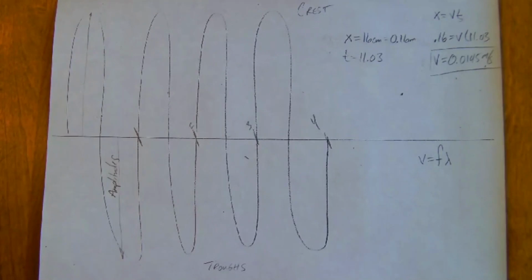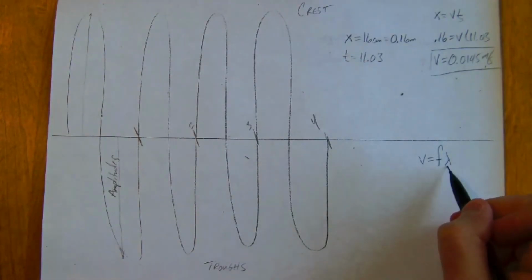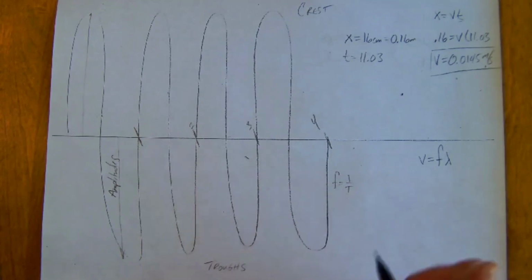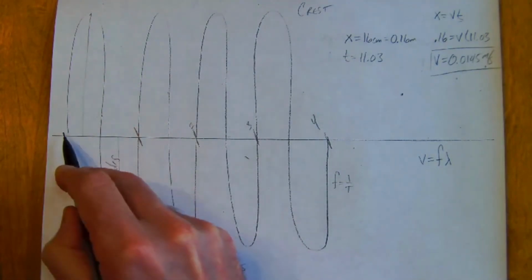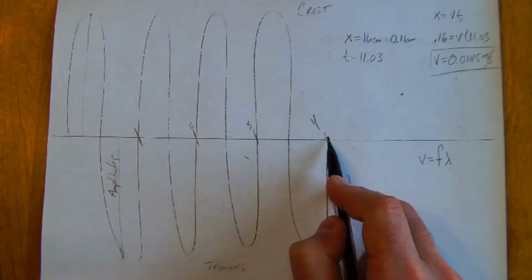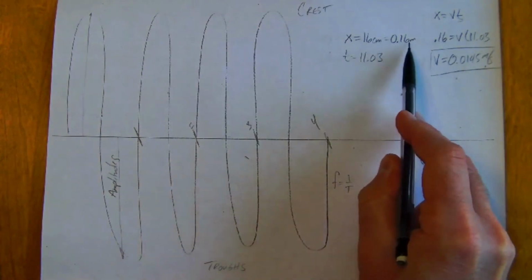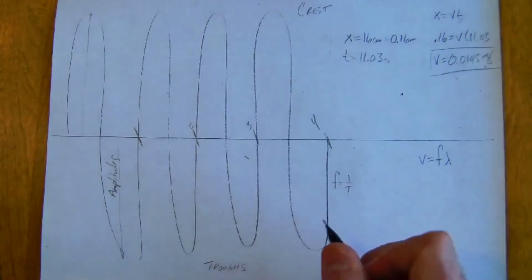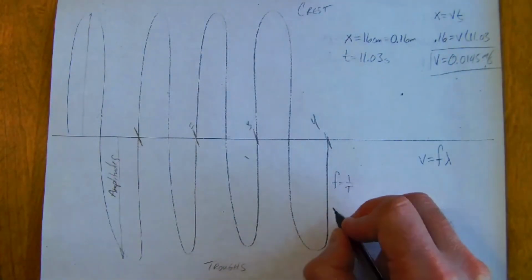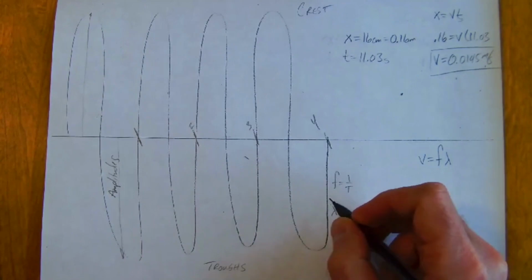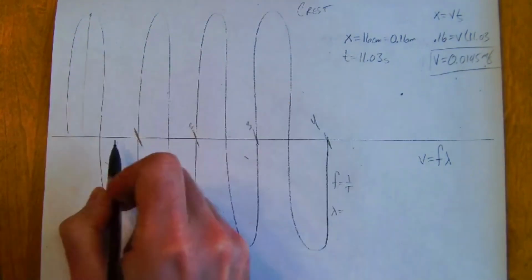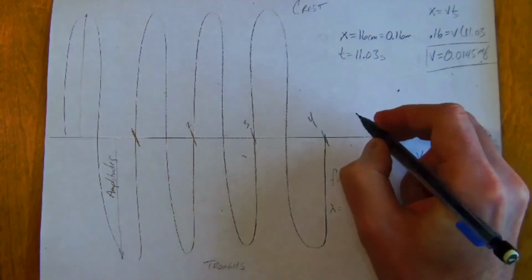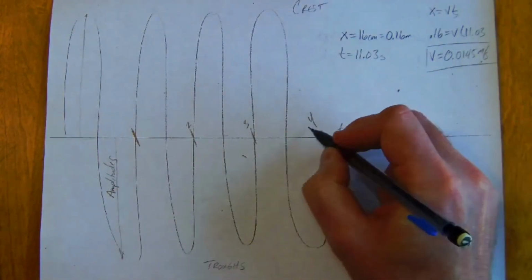Now, the second way is velocity equals frequency times wavelength. If you remember, the frequency is 1 over the period. When we measured this wave, we have a total distance of 0.16 meters and a total time of 11.03 seconds. But when we talk about frequency and wavelength, we really only want the time and the distance for this first wave. So I'm going to have to take the total time and divide it by the number of waves that I have.